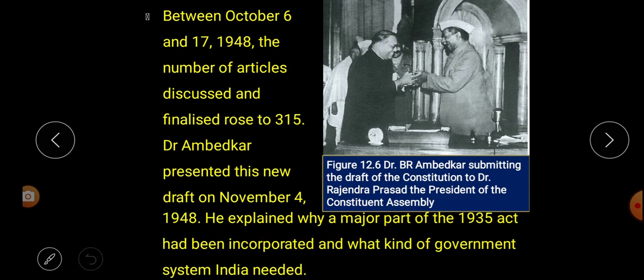Between October 6 to 17, 1948, many new articles were discussed and finalized, and the finalized articles were 315. And Dr. B.R. Ambedkar presented this new draft on November 4, 1948. Thereafter, he explained the major part of the 1935 Act and why it had been incorporated, and what kind of government system India actually needed.